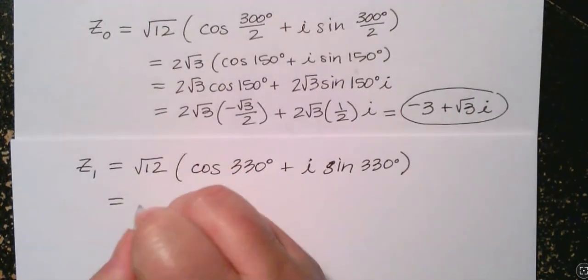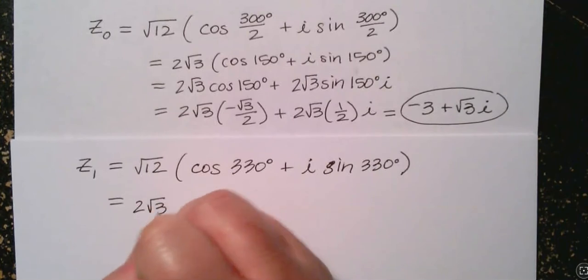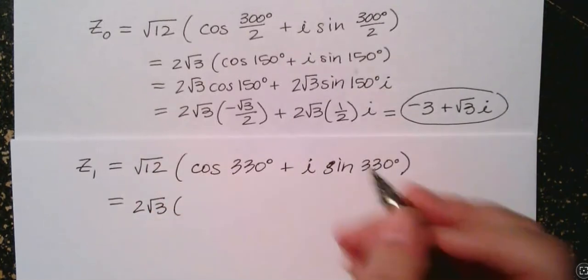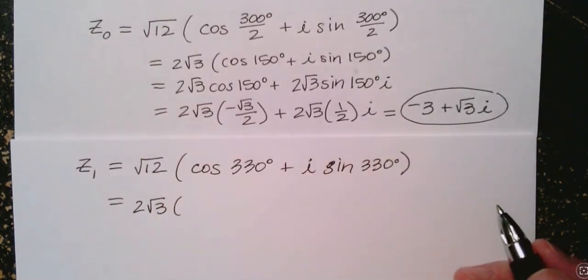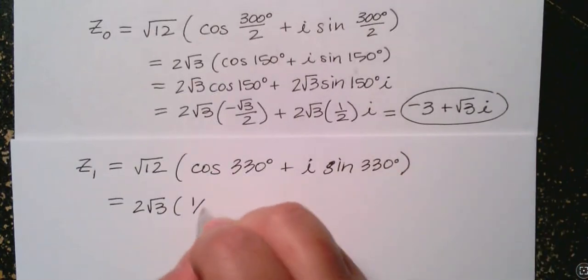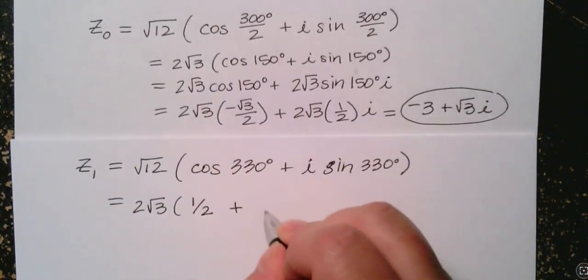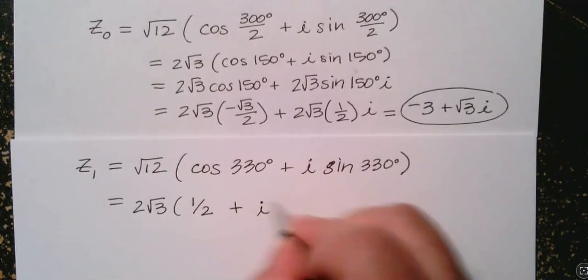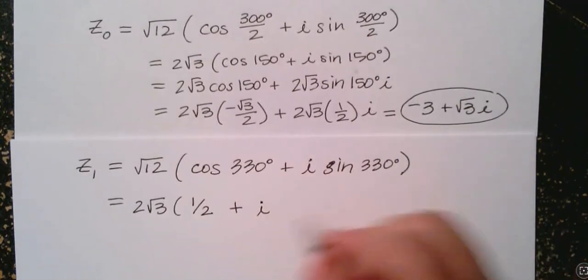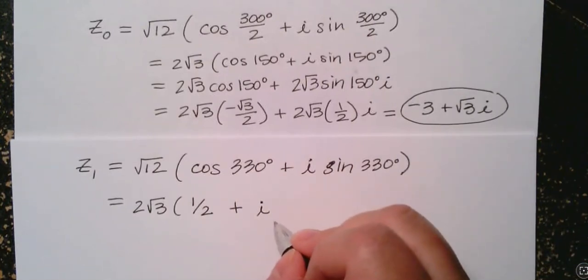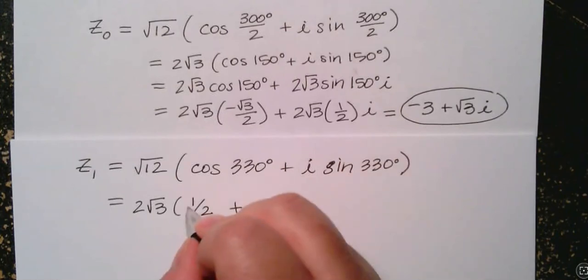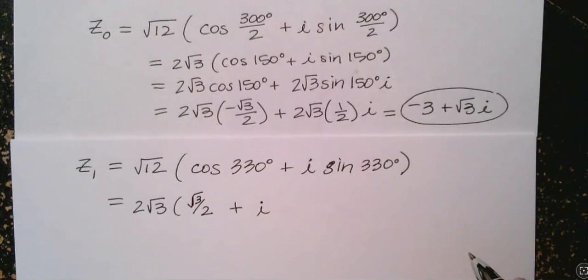So we have 2 root 3 times cosine of 330. The cosine of 330 is 1/2 plus i times the sine of 330 is, wait a minute, cosine of 330, I got the wrong one, sorry. Cosine of 330 is square root of 3 over 2, root 3 over 2.